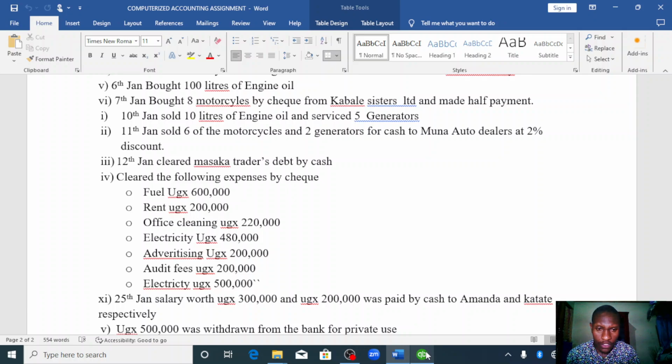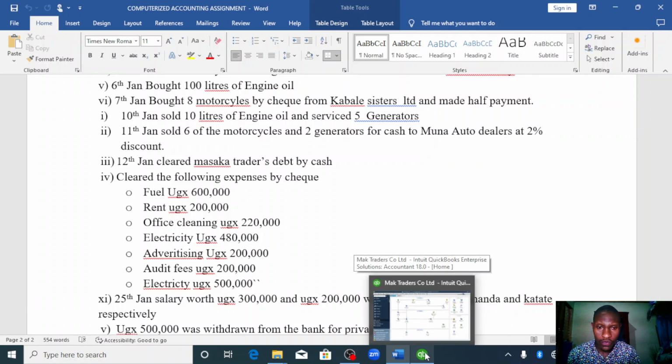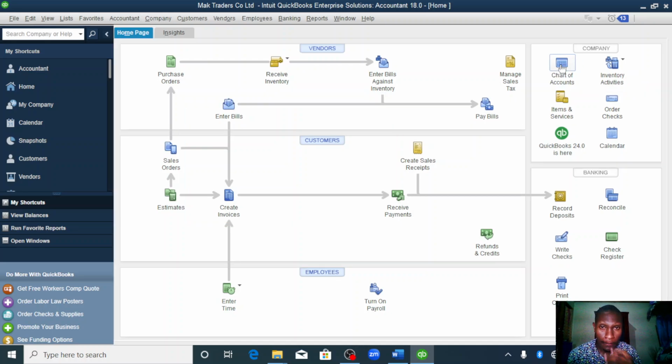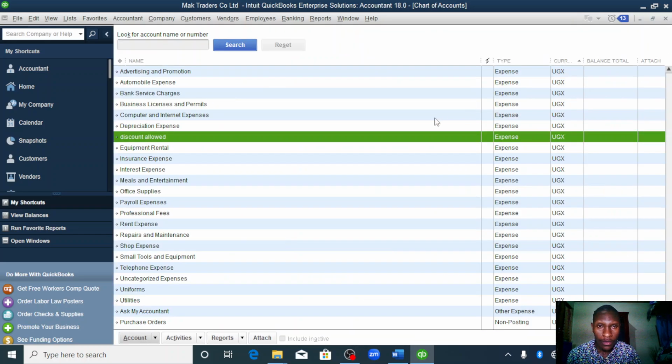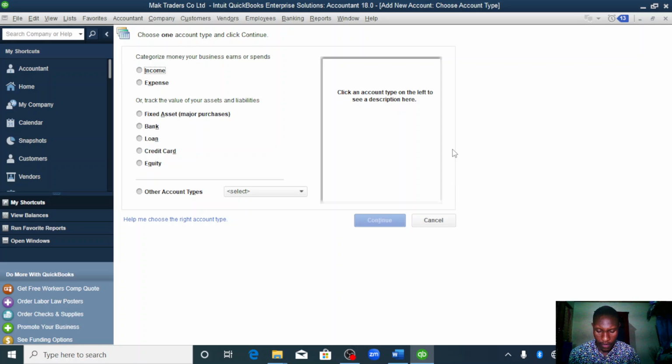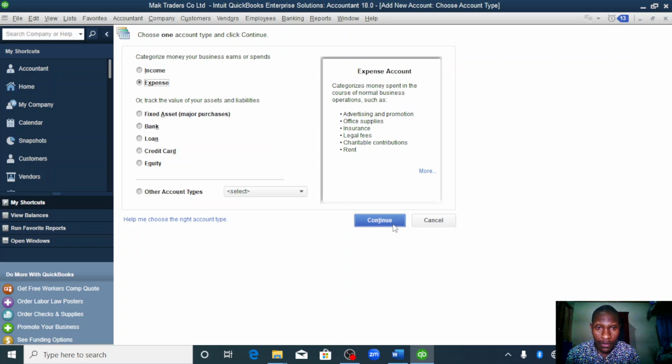So you are seeing those transactions. We first of all need to enter these accounts. We go to chart of accounts, we right click, we add these new accounts. We are having fuel, they are all under expenses.